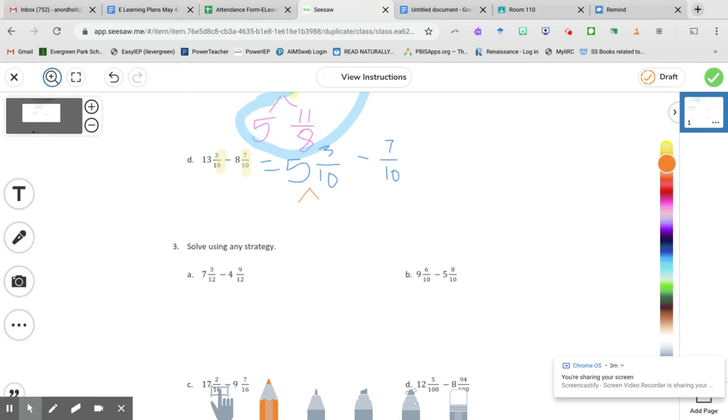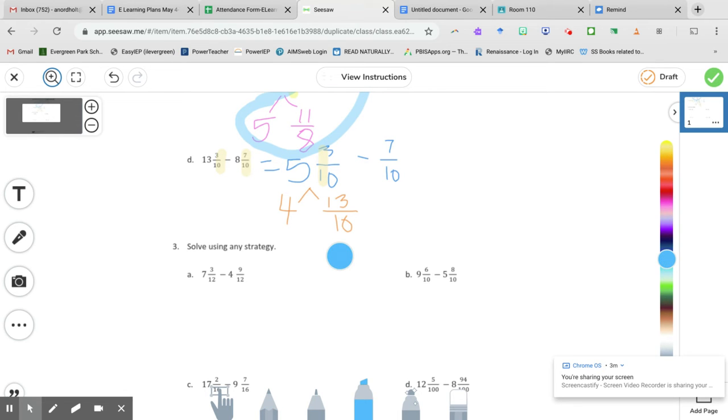So I take 1 away from my whole when I have 4, and that 1 I took away, I want to rename as a fraction, and I see I'm in tenths. So 1 whole with tenths is 10/10, plus this 3 more gives me 13/10.